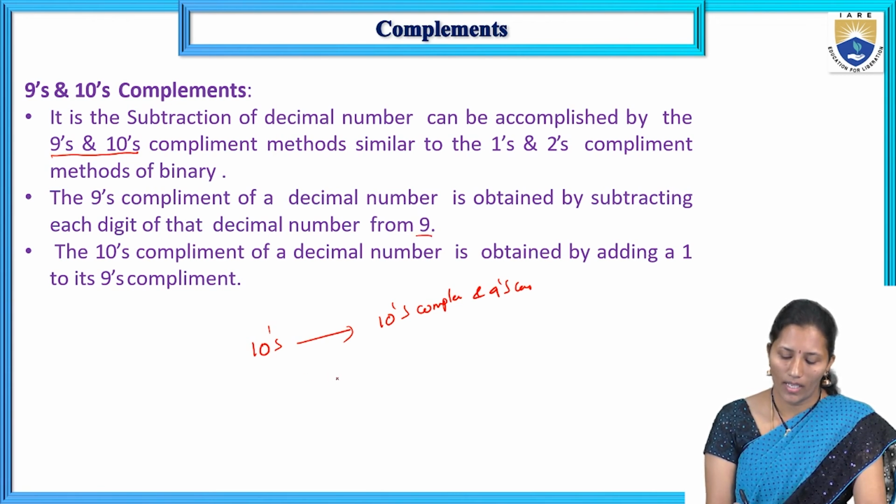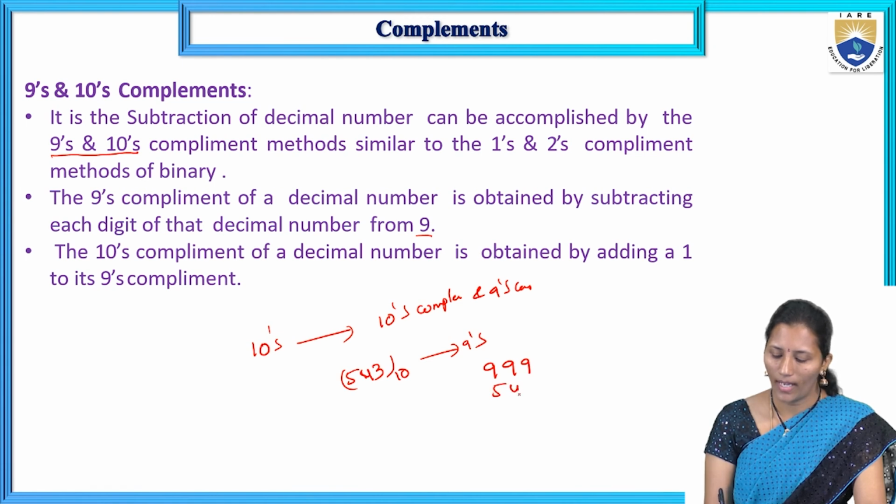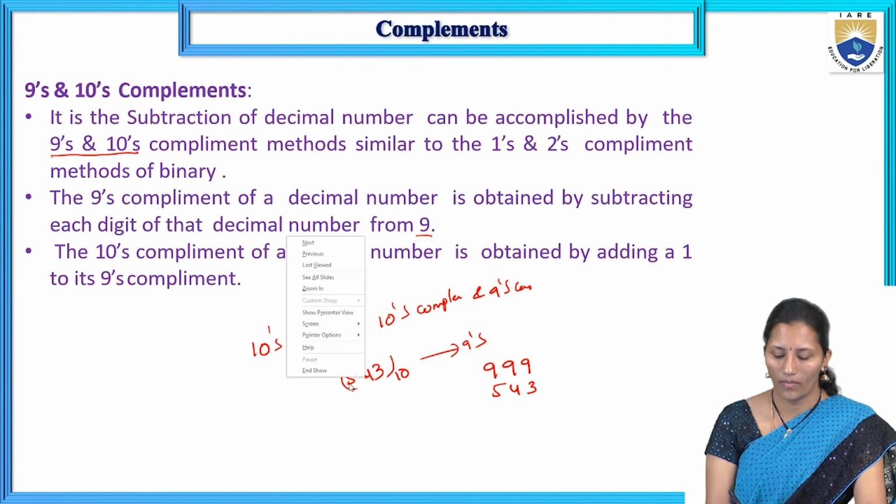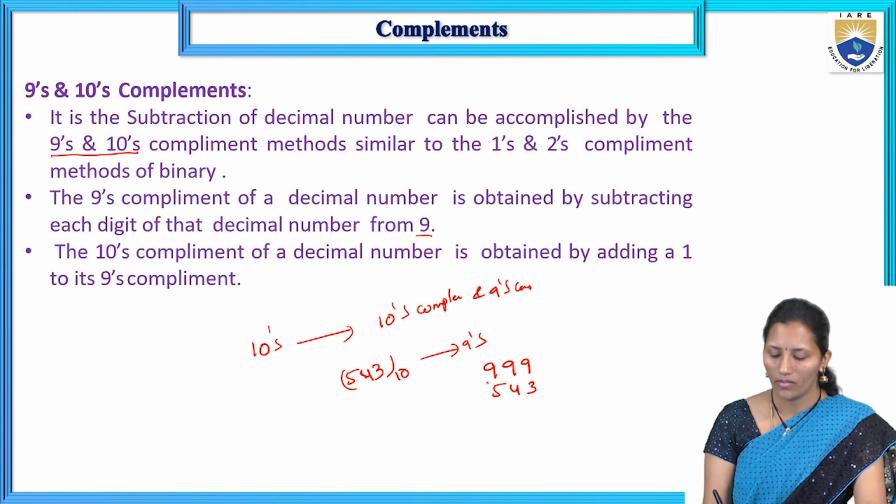Suppose I have 543 in decimal. How do we find the 9's complement? Each digit should be subtracted from 9, so 999 minus 543 gives 456.